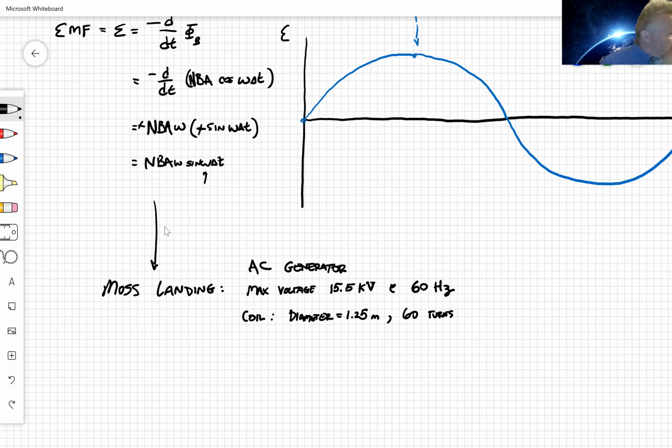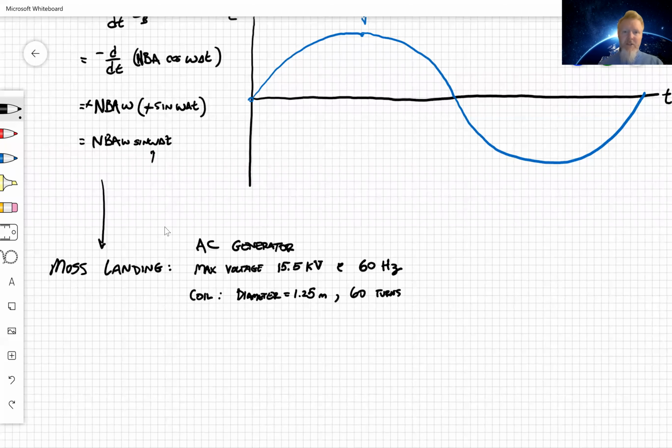I wondered what size magnet they've got in there. 1.25 meters, that's a pretty substantial coil. So let's see what field do they require?